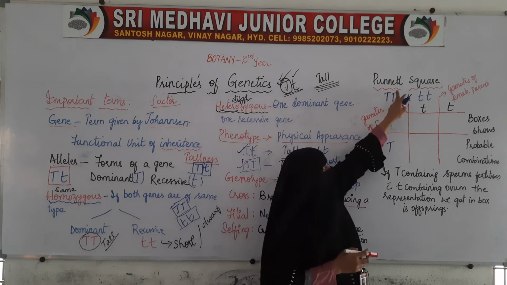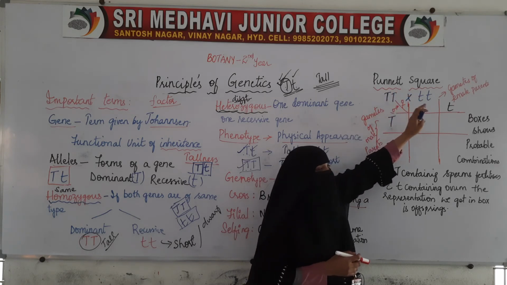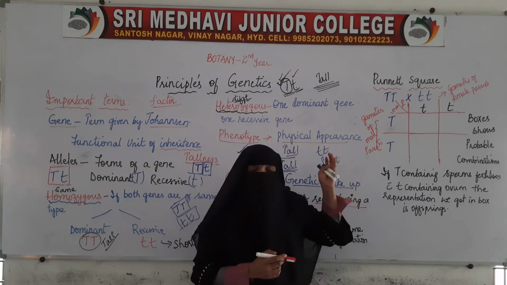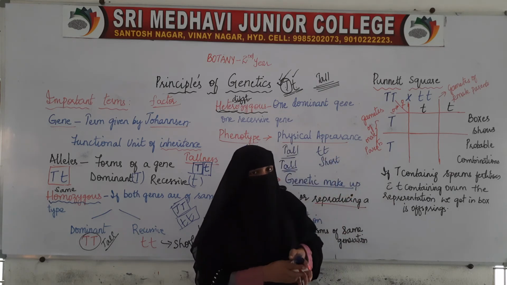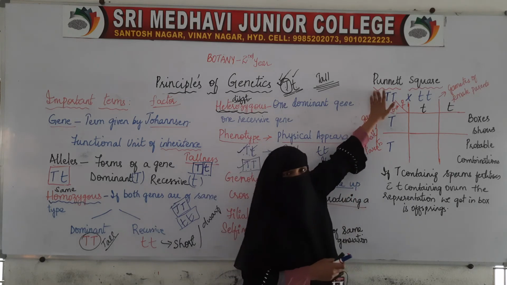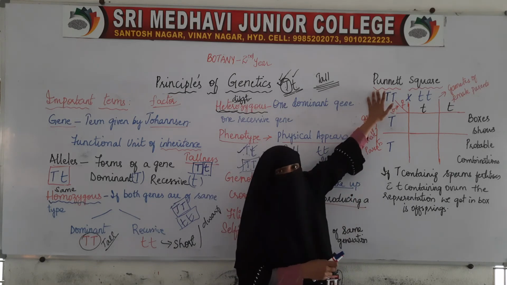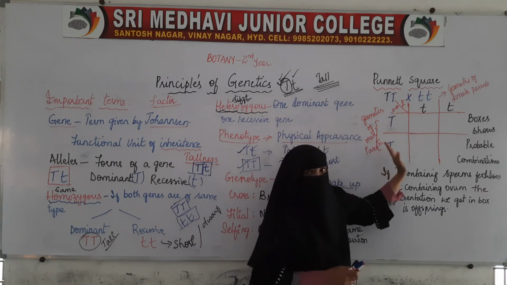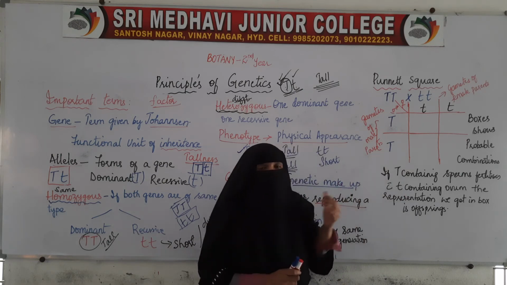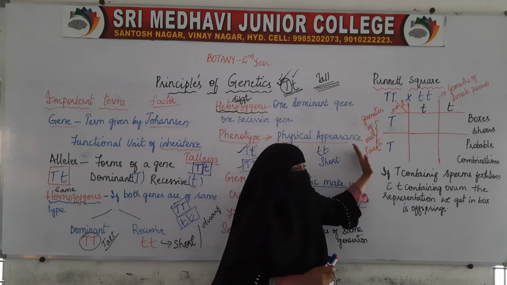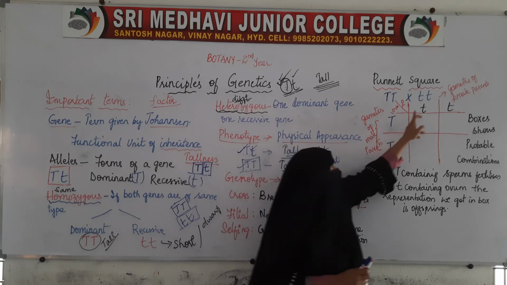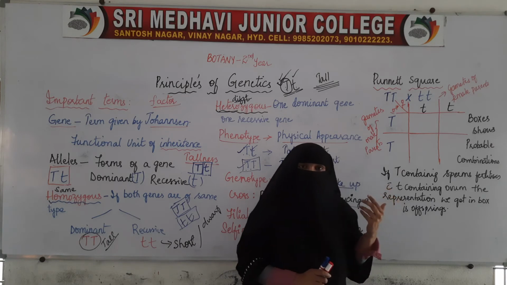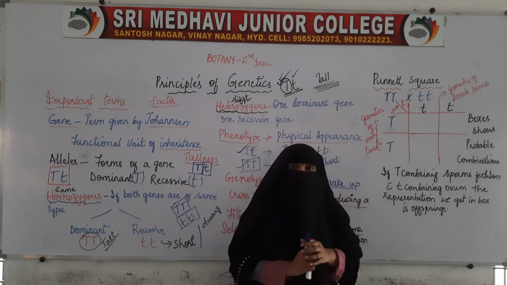The name was given after the scientist Punnett, who discovered it, so it is called the Punnett square. At two sides of the square we will take gametes: at one side male gametes and at the other side female gametes.